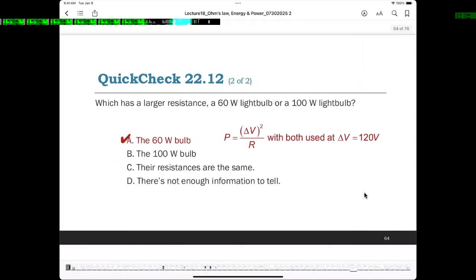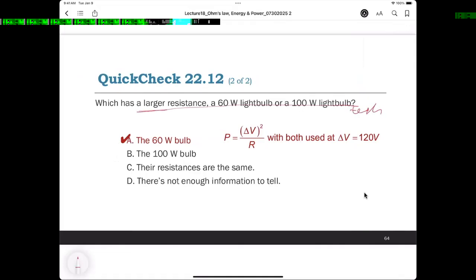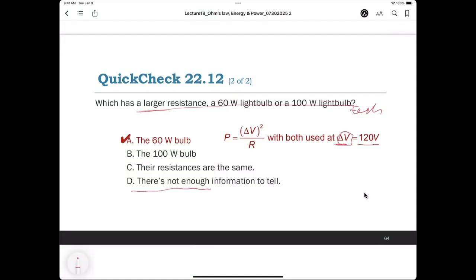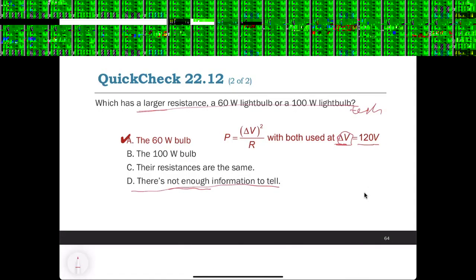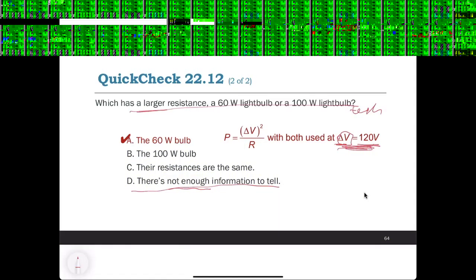Okay, sorry. I think this question is just missing some information, and it needs to tell us the potential difference, the voltage, is 120 volts. Otherwise, we cannot get enough information to tell. Just notice this question: you should give this information, or we cannot tell which one is greater.